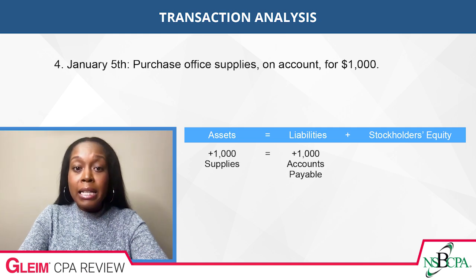We get supplies, which are assets right now, ready to be used in the business. We also now owe for these supplies, which increases our liabilities. We show a $1,000 increase to assets, specifically to the account supplies. The amount we owe our suppliers is called accounts payable, and we use that account to show the increase to liabilities.